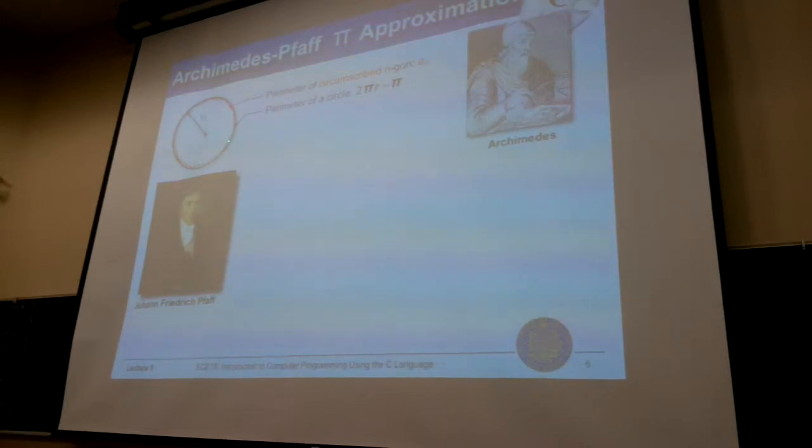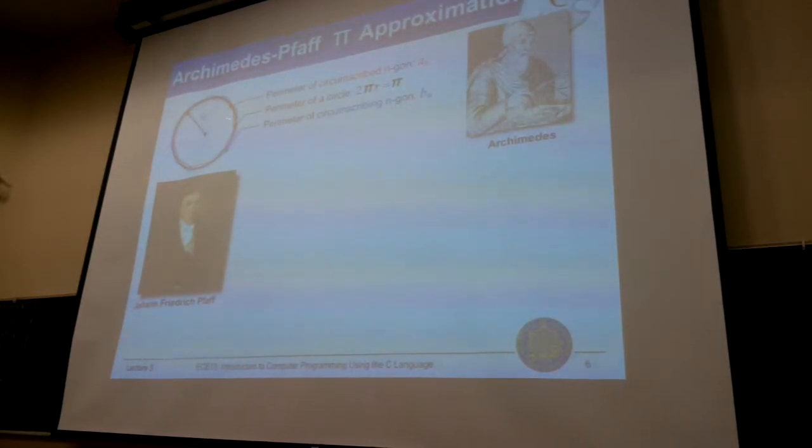So that just means that the circle touches all of the vertices of the n-gon. We'll consider a second n-gon that is circumscribing. So that means that it surrounds the circle, and that the circle touches the center of the edges of each side of this n-gon.